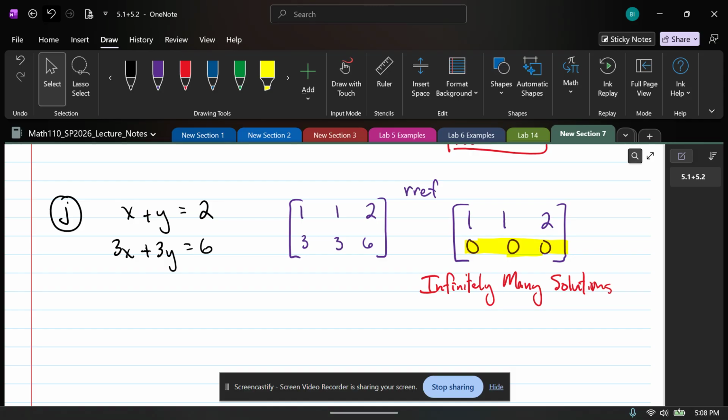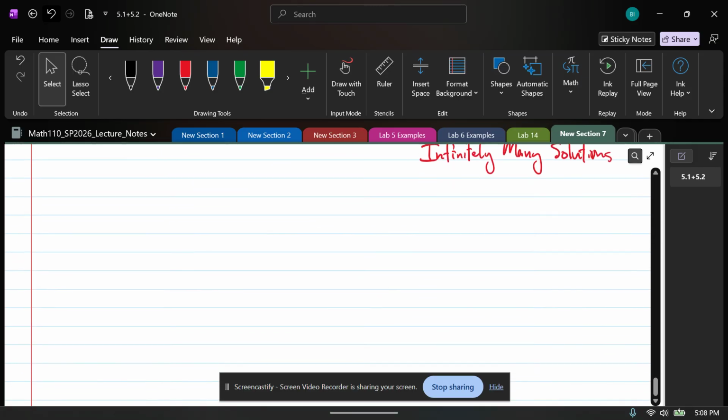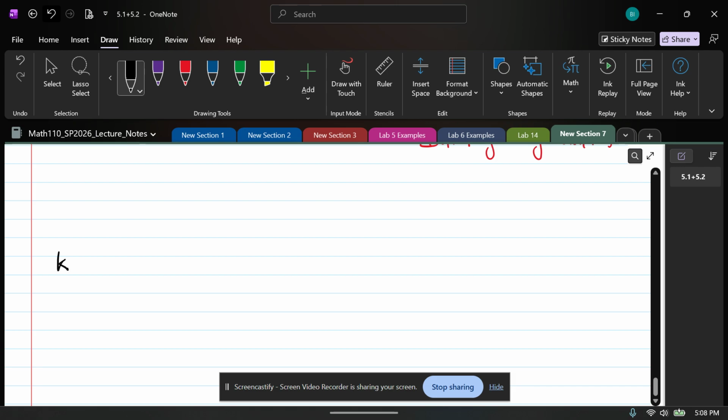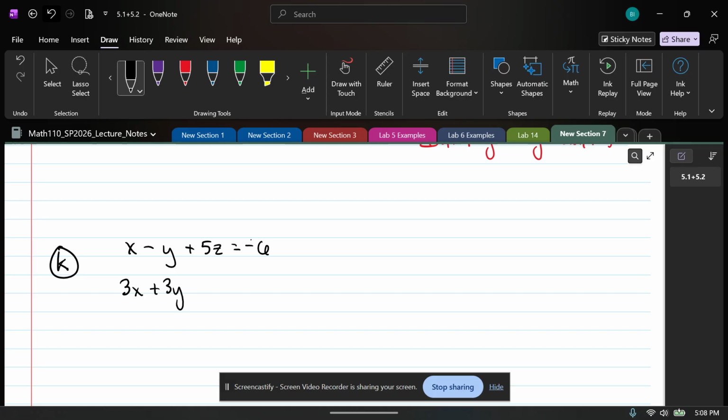The great thing about the matrix system is that you can do larger systems of equations, like this one, where you maybe have x minus y plus 5z equals negative 6, 3x plus 3y minus z equals 10, and x plus 3y plus 2z equals 5.